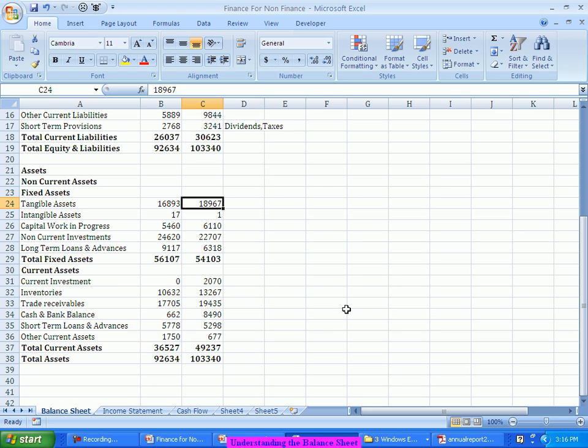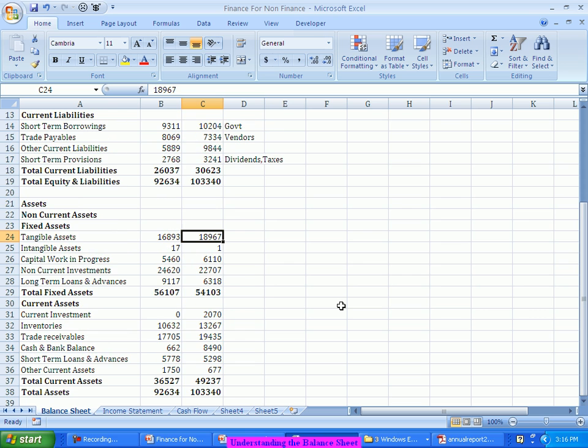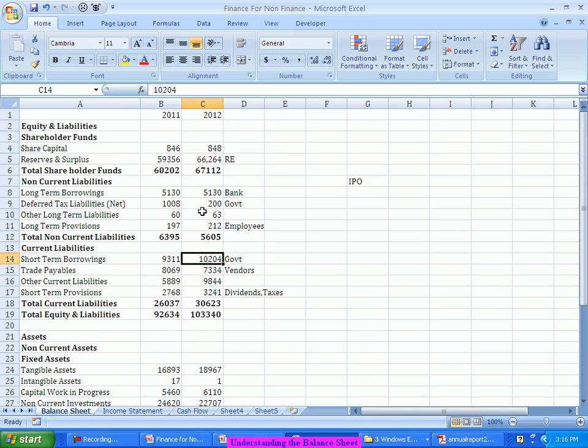The typical equation is like this: the worth of all the tangible assets of the company. If I sell off all these tangible assets, the company will get 1896 crores. So probably with that 1896 crores, it can pay off some of these liabilities, because it is liable to pay these guys, right?